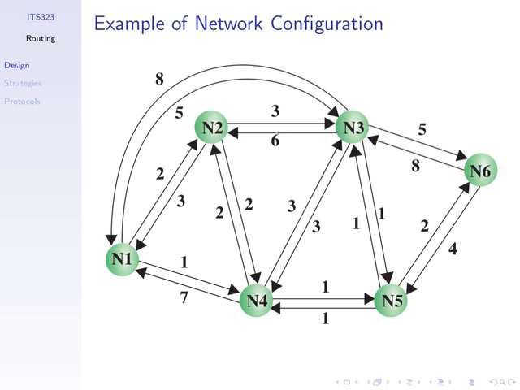Compare every possible path from that source to that destination. How many are there in this case? How many possible paths?